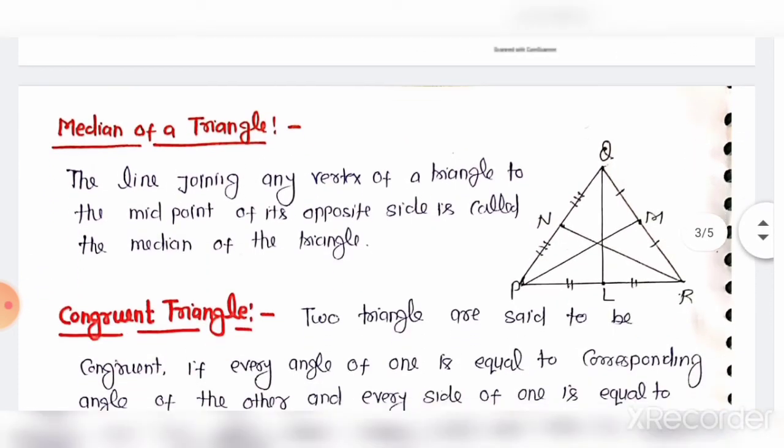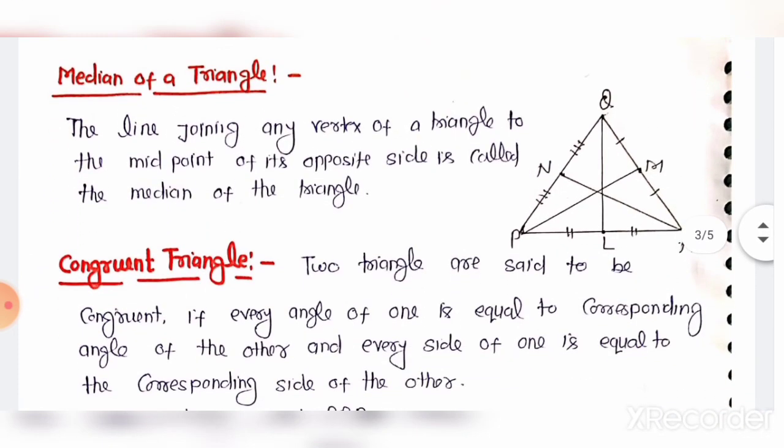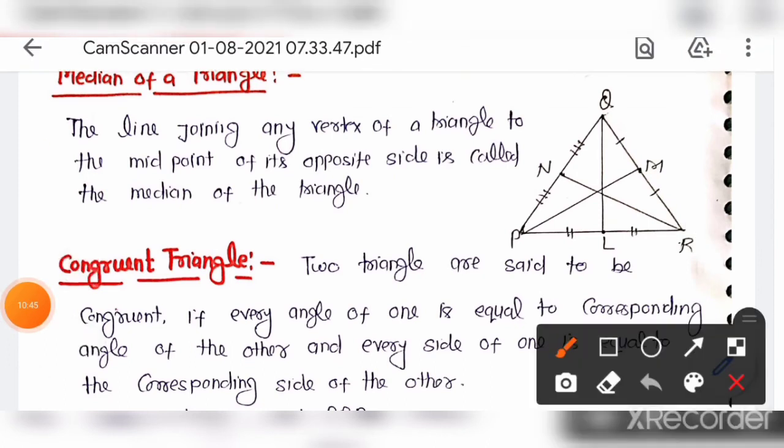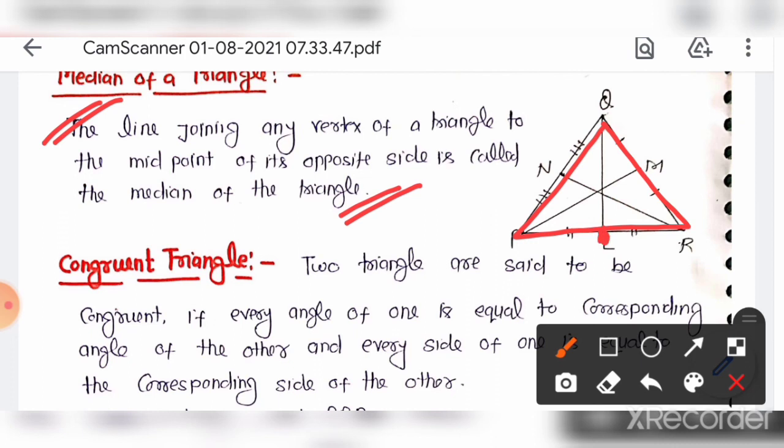So next is the median of a triangle. The line joining any vertex of a triangle to the midpoint of the opposite side is called the median of a triangle. That means in this figure, point L is the midpoint of PR.